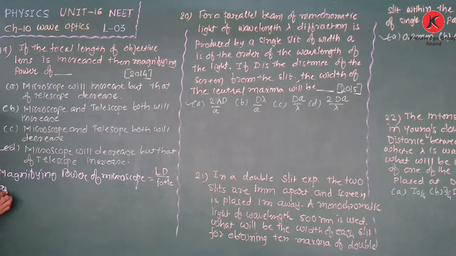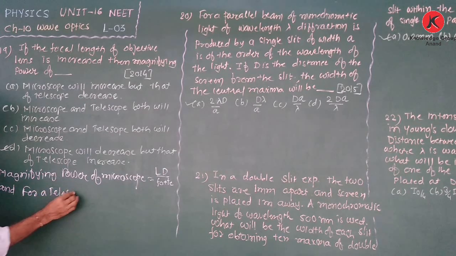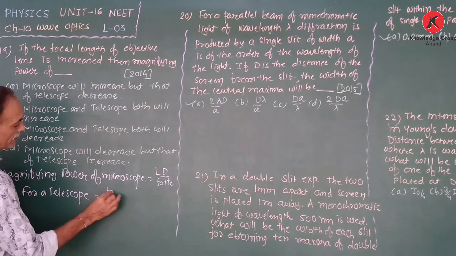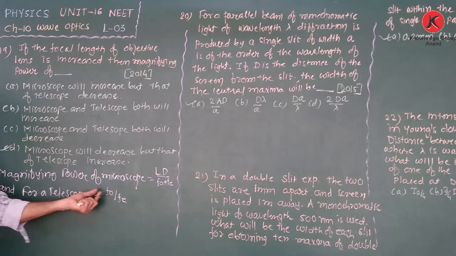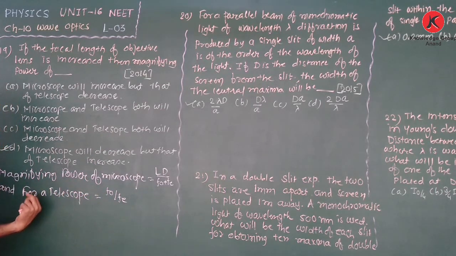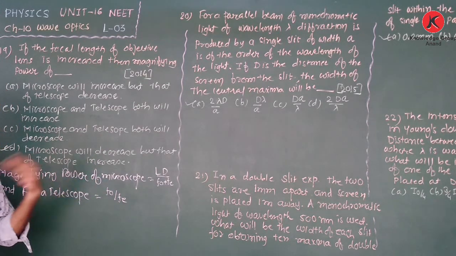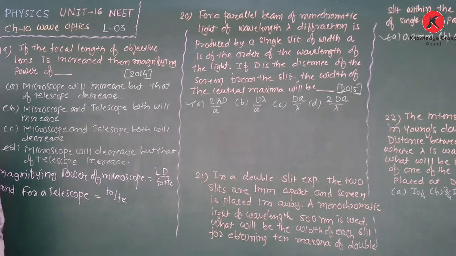And for a telescope, the magnifying power is FO upon FE. So from this equation we can say that as FO increases, the magnifying power of the telescope increases, while that of the microscope decreases.